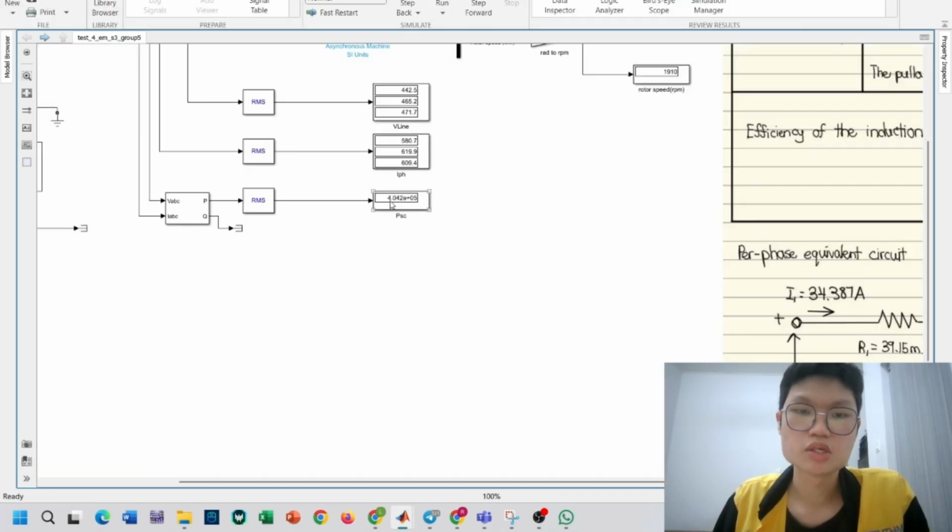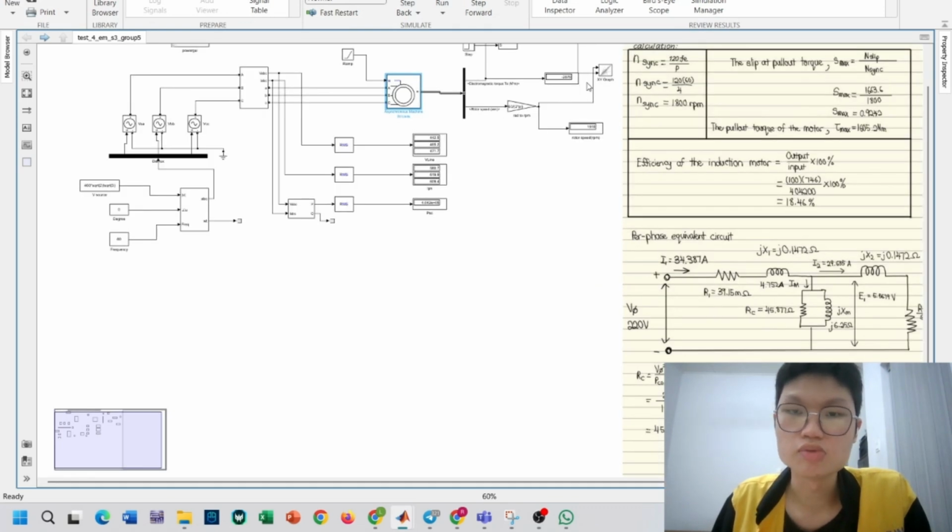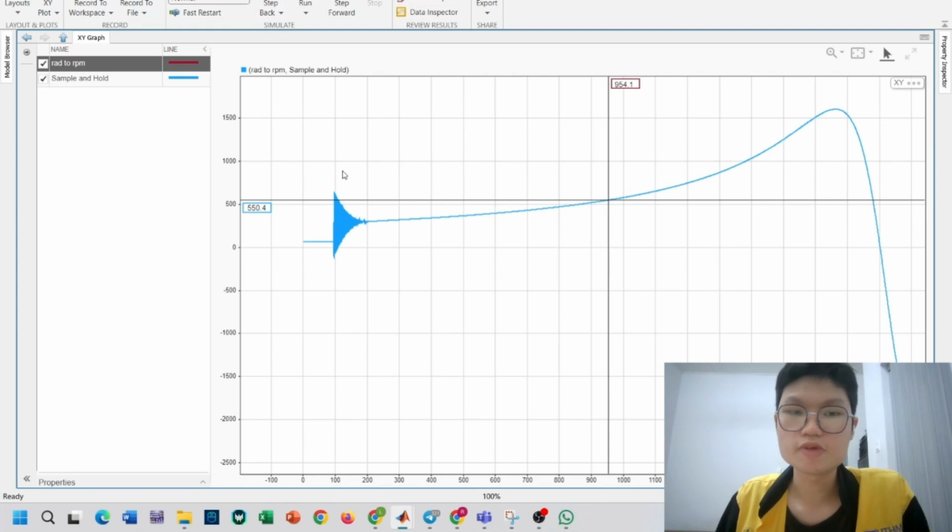We get 404.2 watts, and we can see the graph by double clicking the XY graph. It will appear like this, and we have to find the maximum torque Tmax and the speed.